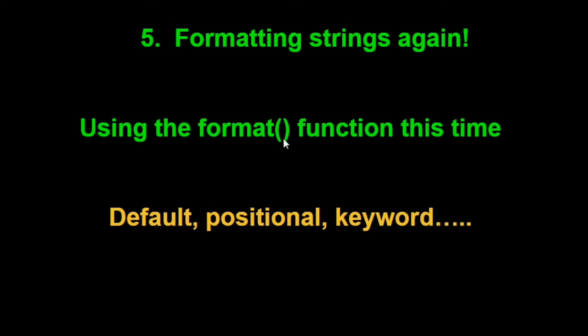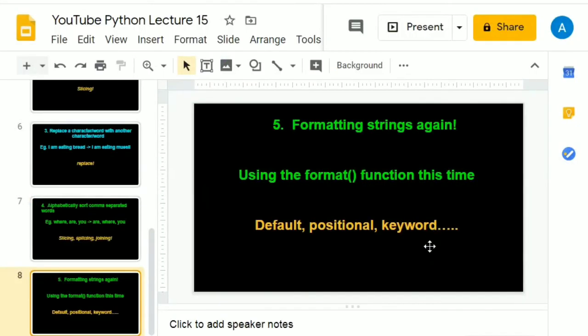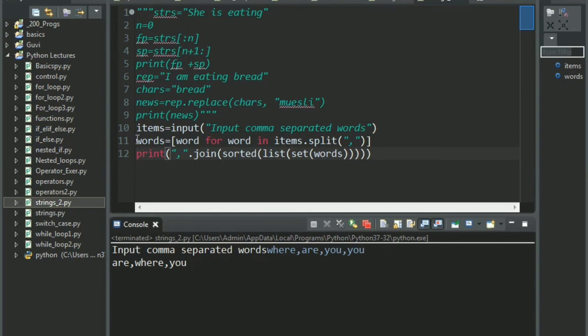The format function is of various types. You have the default arguments, positional arguments and so on. We shall see each type of them and try it out practically. Okay, we are done with these functions.